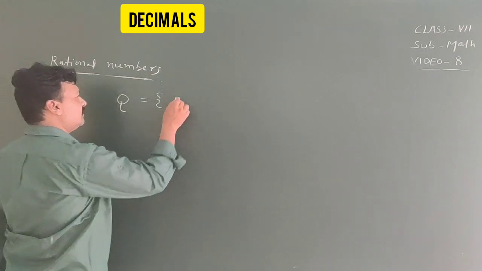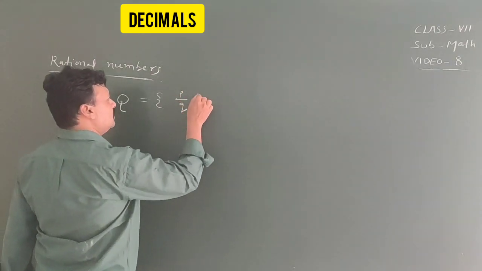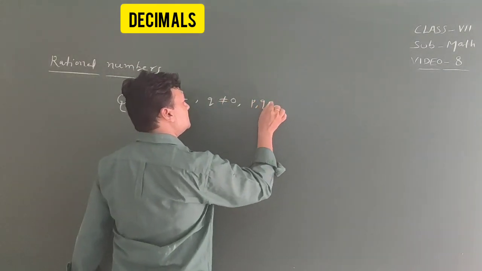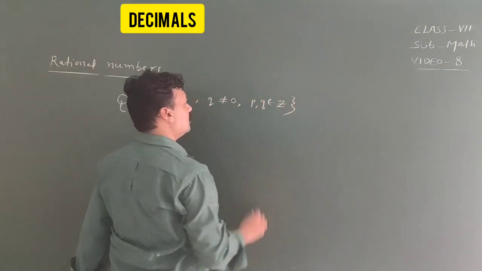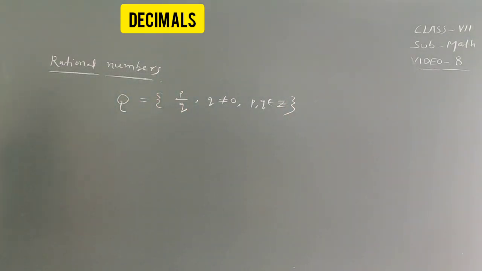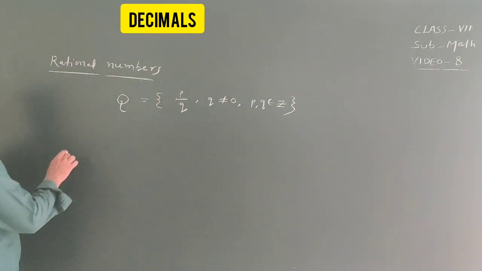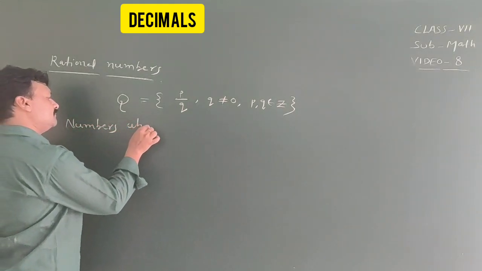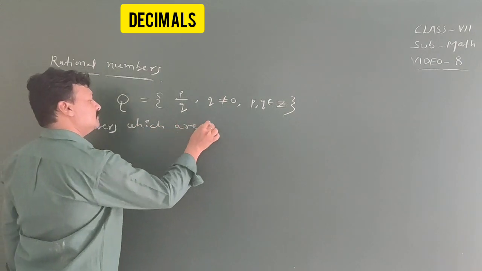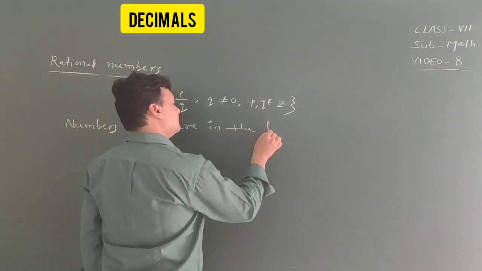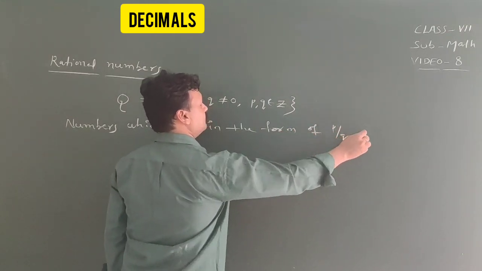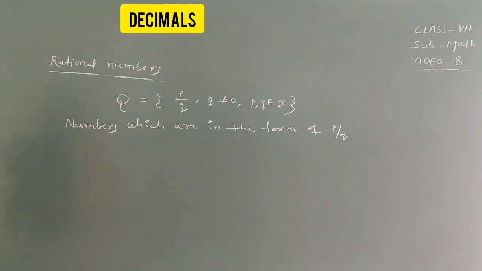The numbers which are in the form of P by Q, where Q should not be equal to 0 and P, Q belong to integers, are called rational numbers. Numbers which are not in the form of P by Q are called irrational numbers.